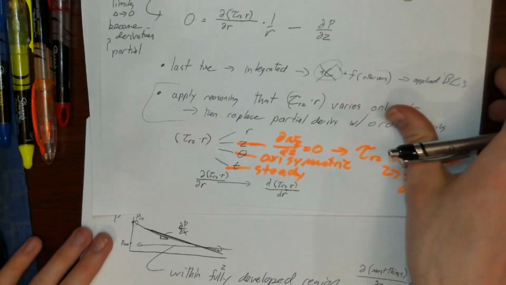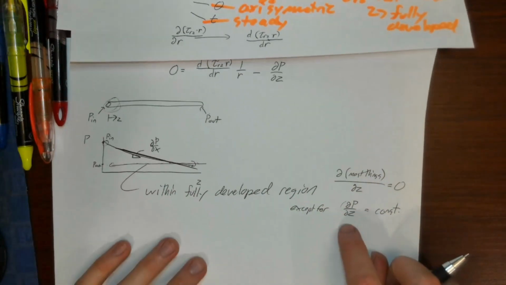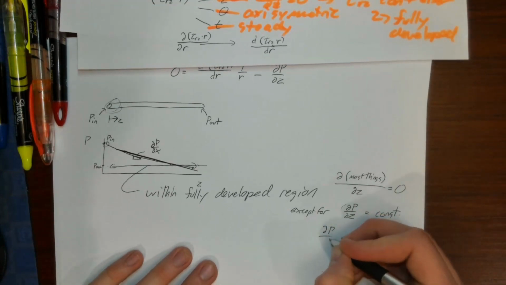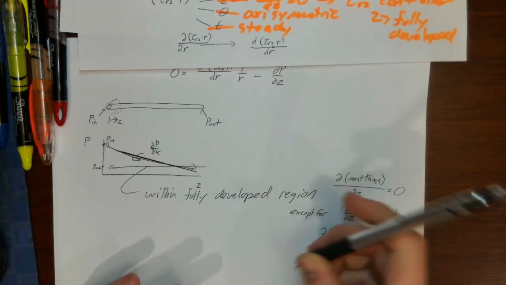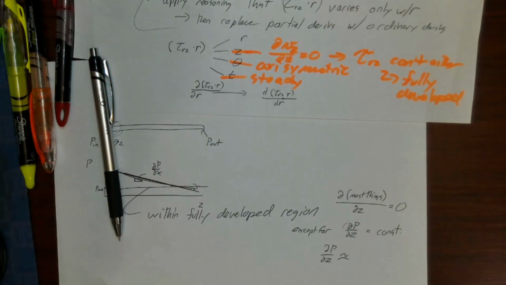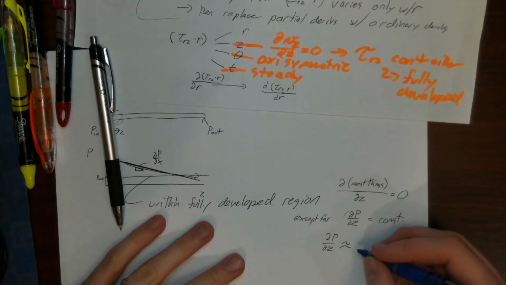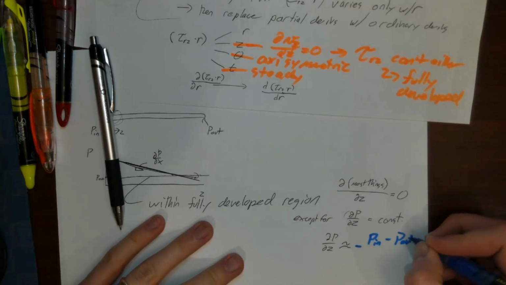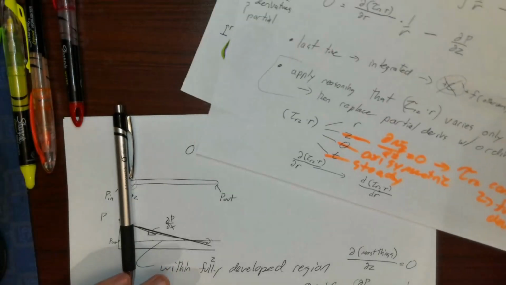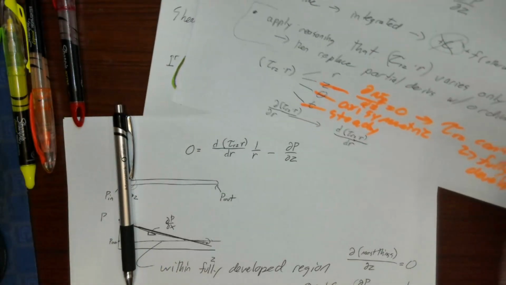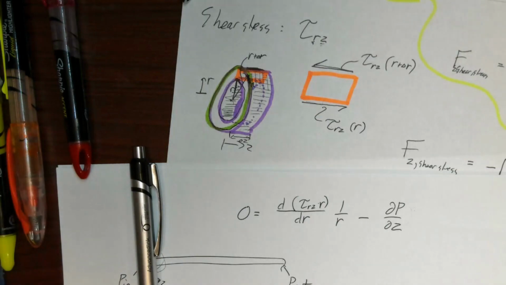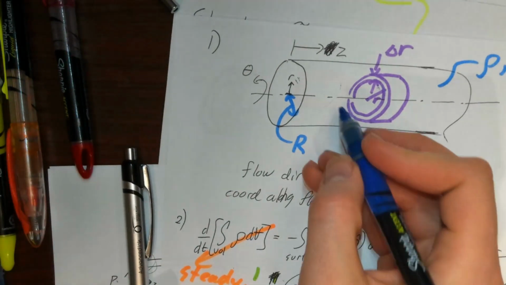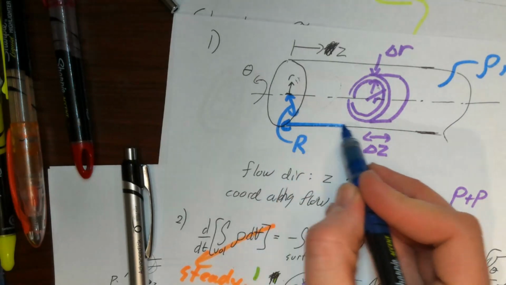And oftentimes, this dp dz constant, you can basically approximate as minus p in minus p out over L, where L is the length of the whole tube that you're looking to analyze, right? So, if I had some tube like this, let's add to our list of knowns.